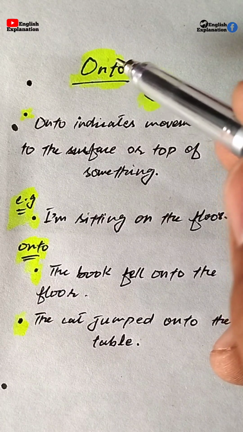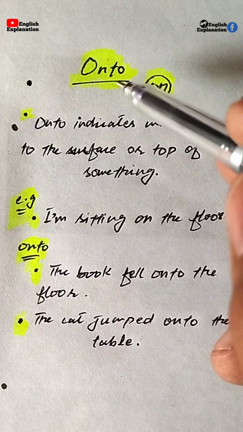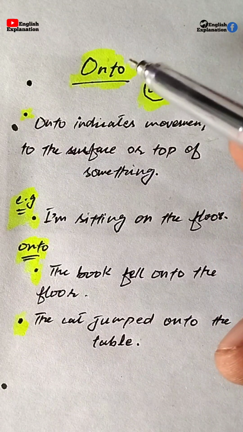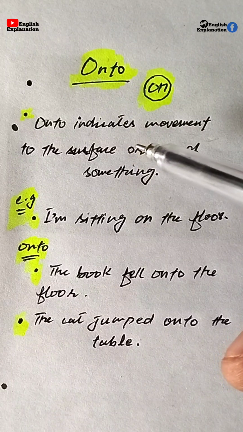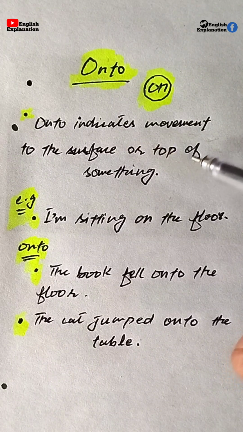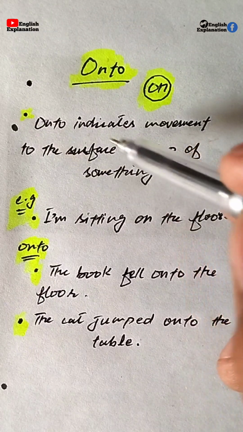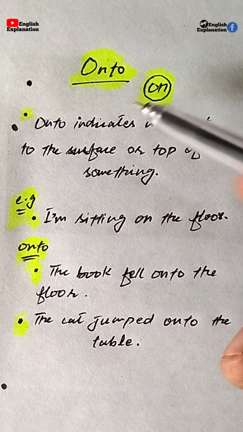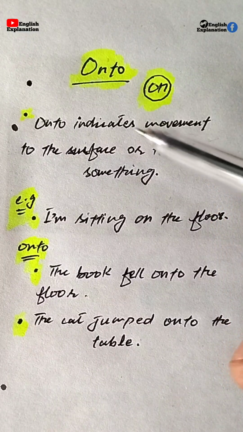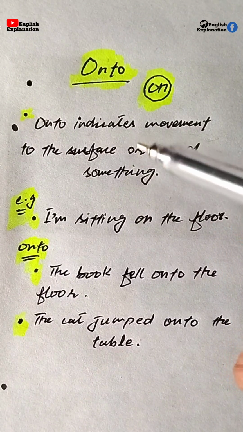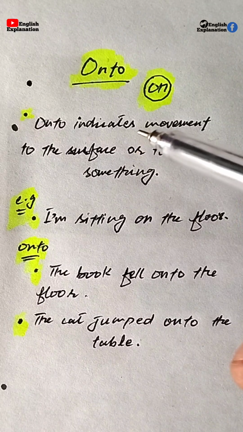But here we are using to with on because we are showing direction. One thing is going from one place to the other place, onto the surface of the other thing, the top of something. That's why we use preposition onto. It's not going inside. For inside we use preposition into. I hope you got it.